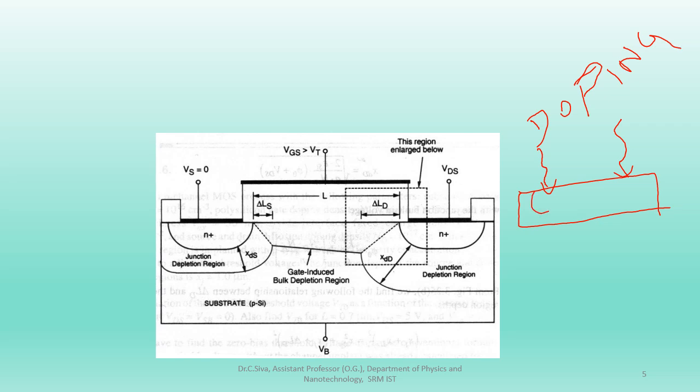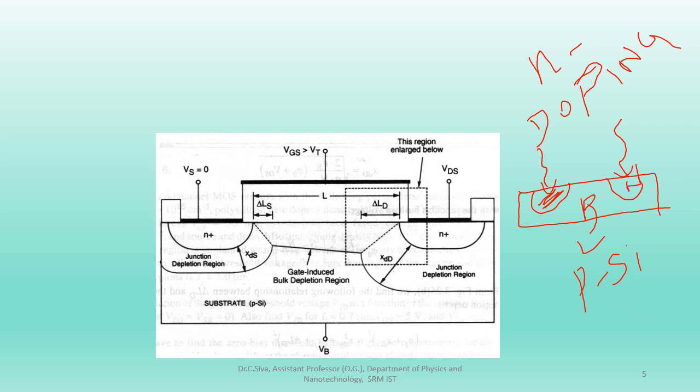Once we dope, this region and this region are converted into n type, while the substrate is p type. So we can easily understand the n type region, the p type region, and the n type region. So it is an NPN transistor.